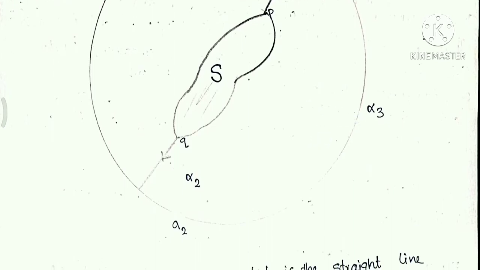Here alpha 2 is the curve in the opposite direction of V. Consider the reverse of this curve, which is in this direction, and join this curve with alpha 3. By joining these 3 curves, we will get a new curve from a closed interval in R into Rn plus 1. And then we will prove that this curve satisfies all the conditions of alpha. Hence we say this curve is a required curve alpha.